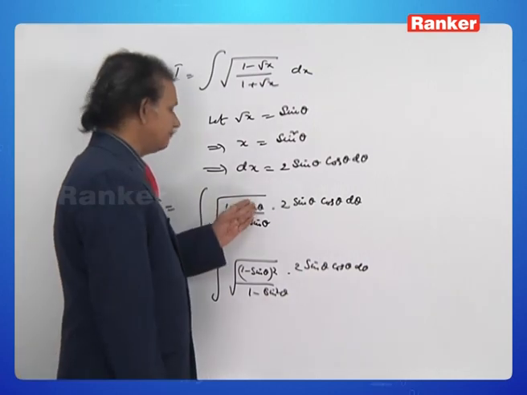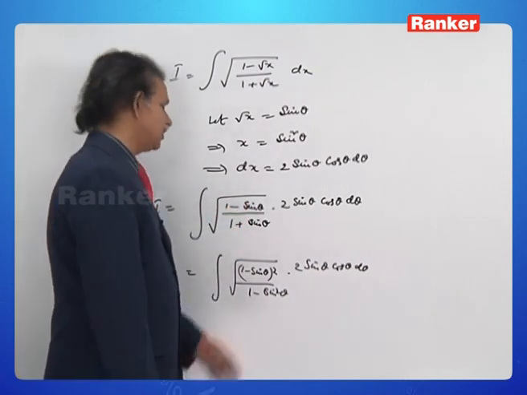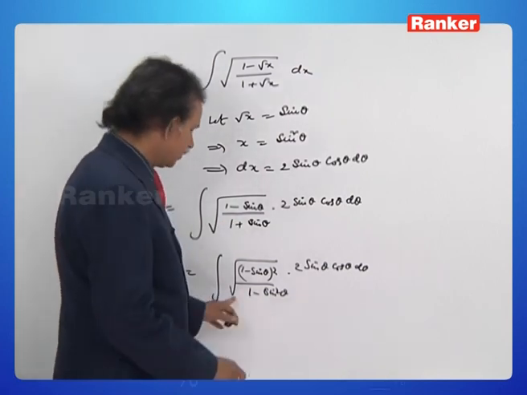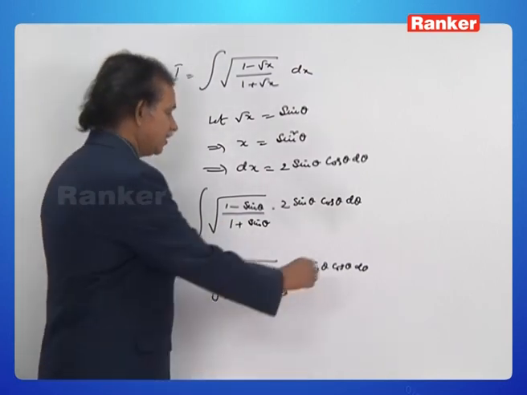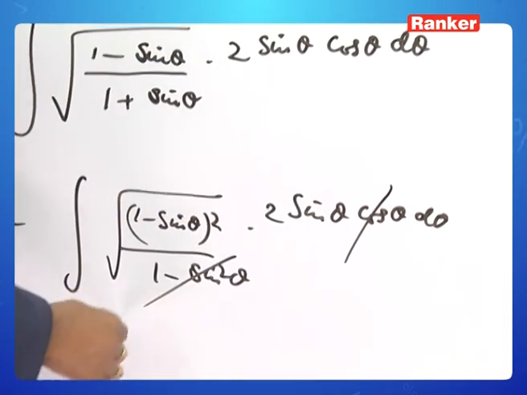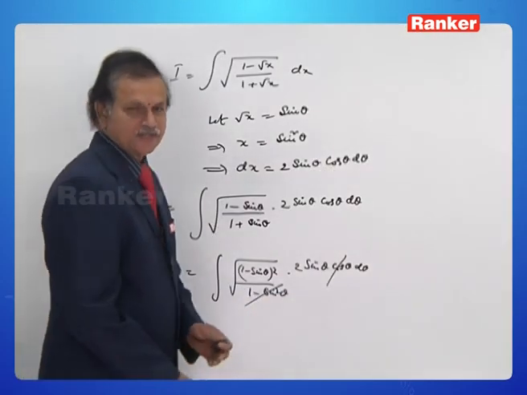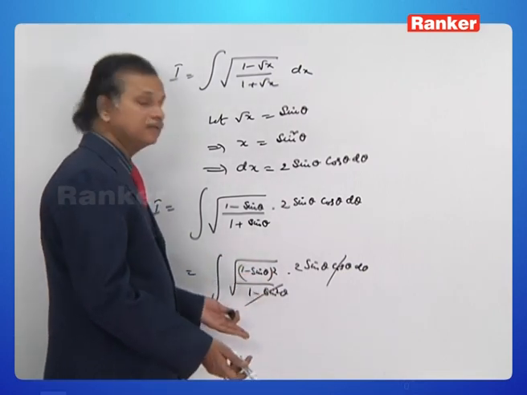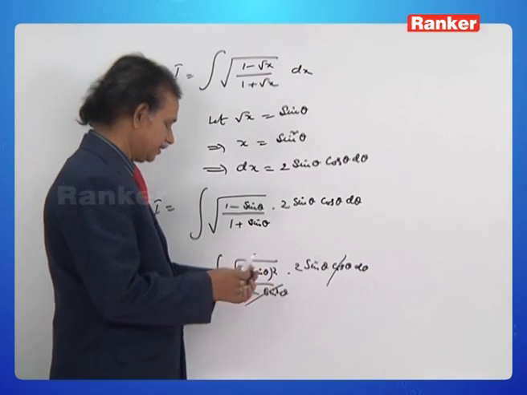I multiplied both numerator and denominator with 1 minus sine theta, so that this can be rationalized. Here, what is root of 1 minus sine square theta? Cos theta. We should feel happy of that. And square root of (1 minus sine theta) whole square is just 1 minus sine theta.